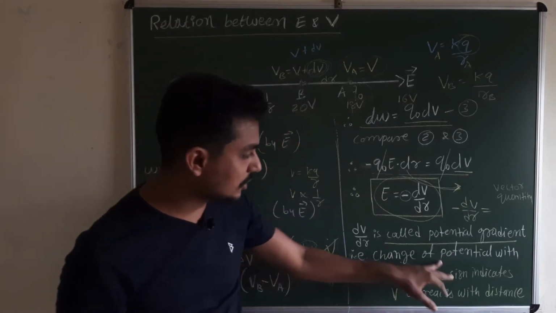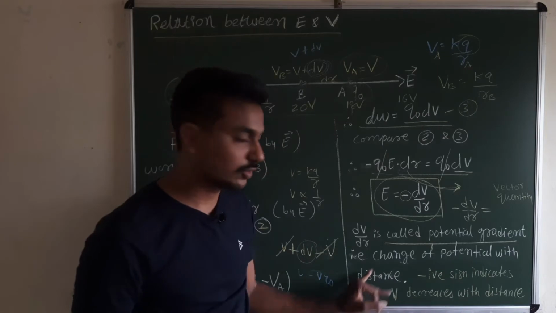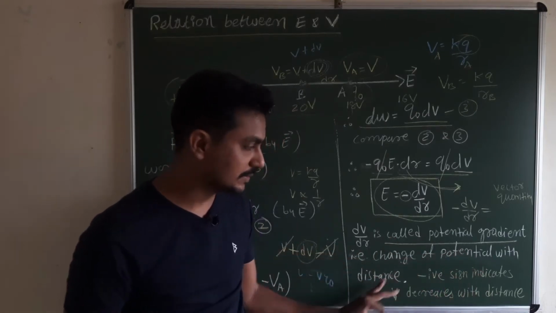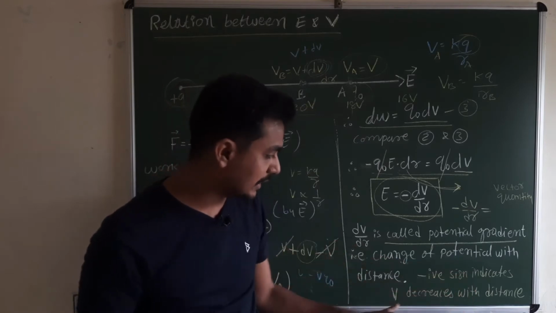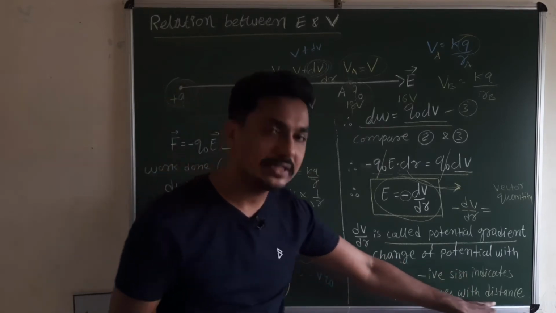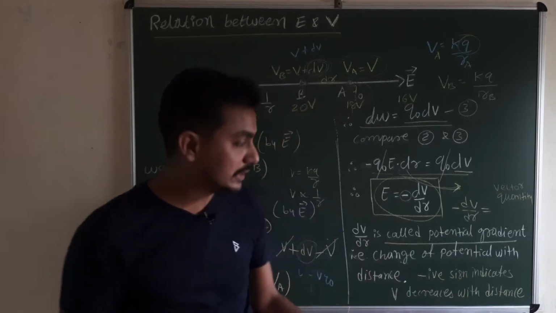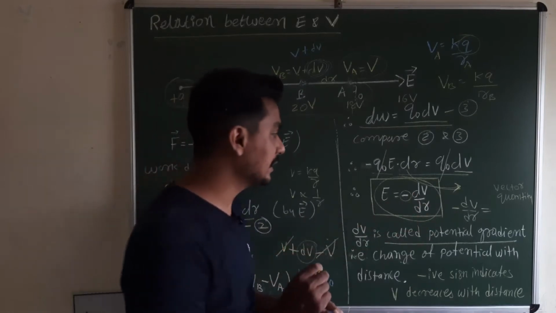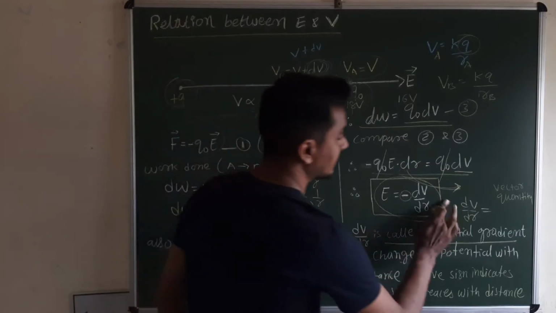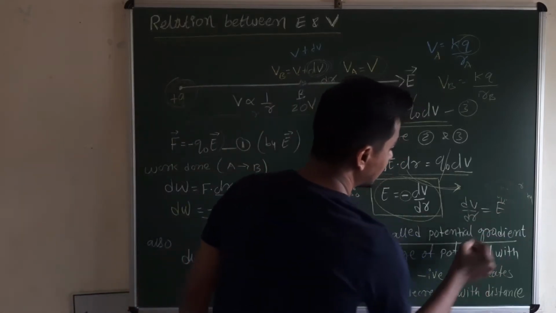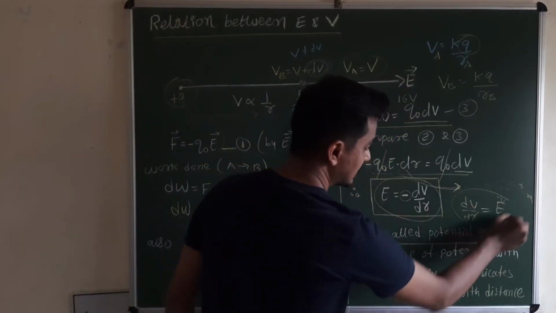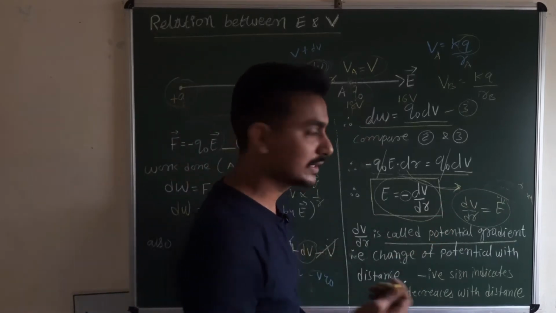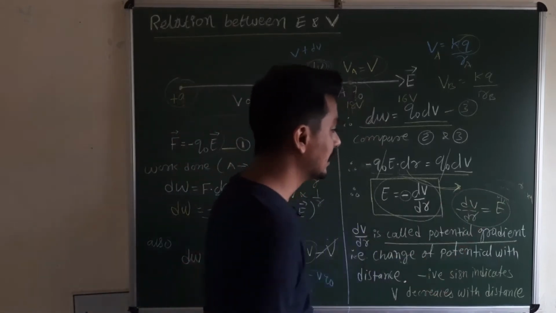That is, change of potential with distance. What does potential gradient indicate? Change of potential with distance. The negative sign indicates V decreases with distance. Let us just forget the negative sign for our convenience, then dV by dr is equal to E. I am just removing the minus, and if you want, you can put it back.